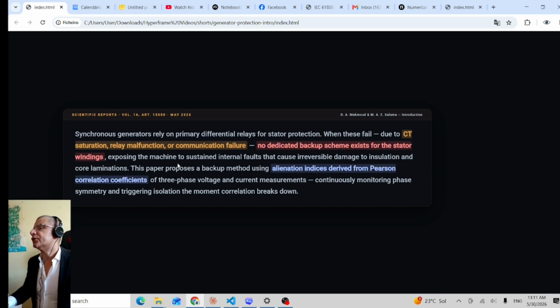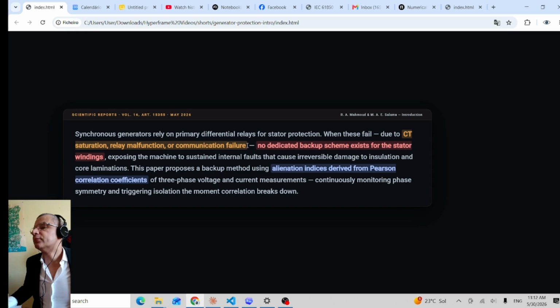Stator interturn faults can break phase symmetry well before any magnitude threshold gets triggered. The conventional backup functions are not properly designed for these signals. So this paper proposes a backup method using alienation indices derived from Pearson correlation coefficients.